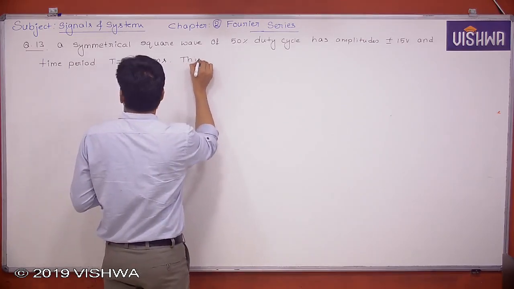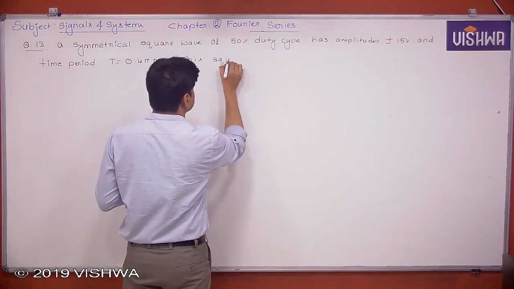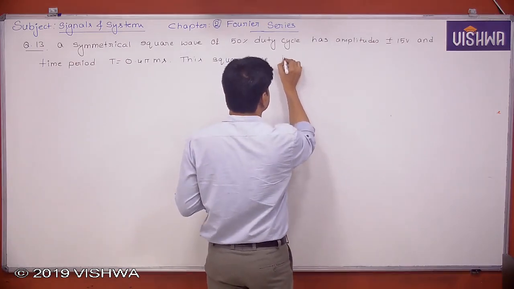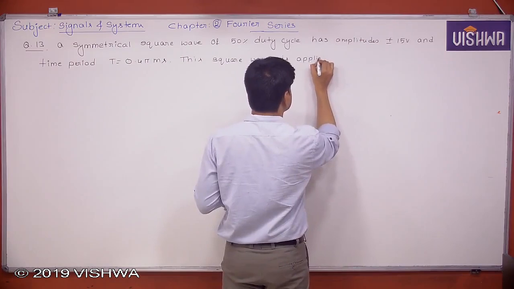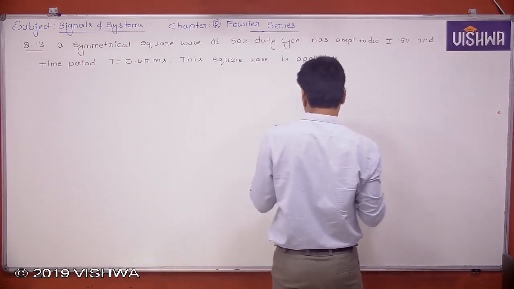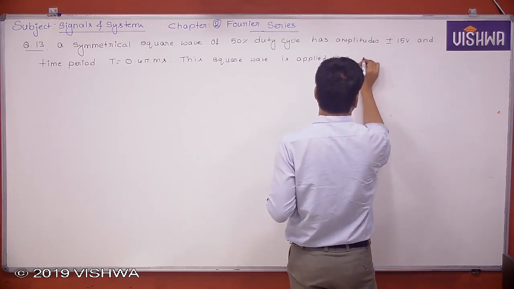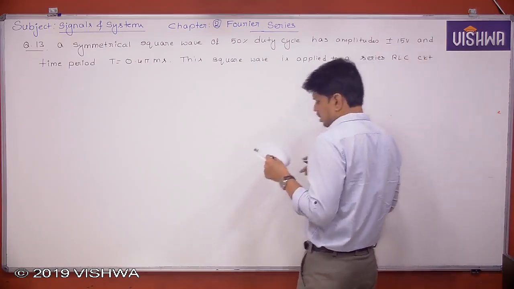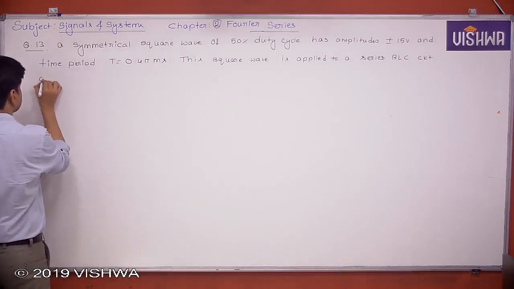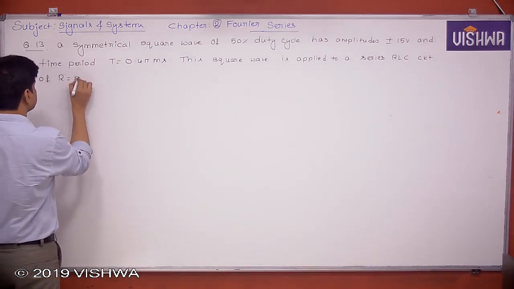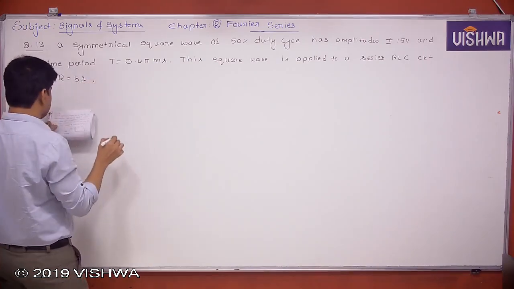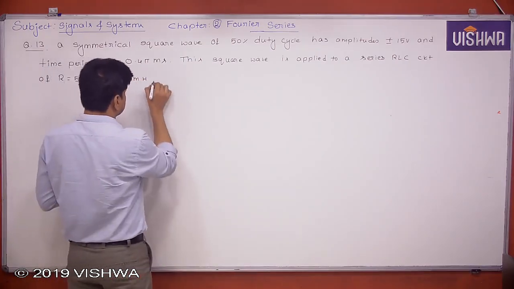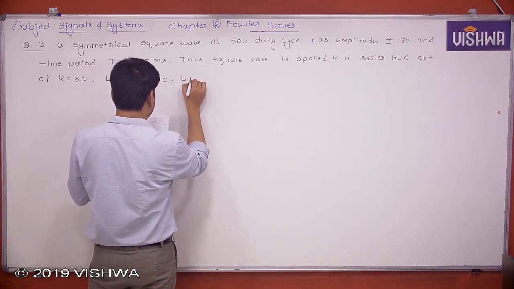This square wave is applied to a series RLC circuit of R equal to 5 ohm, L equal to 10 millihenry, C equal to 4 microfarad.